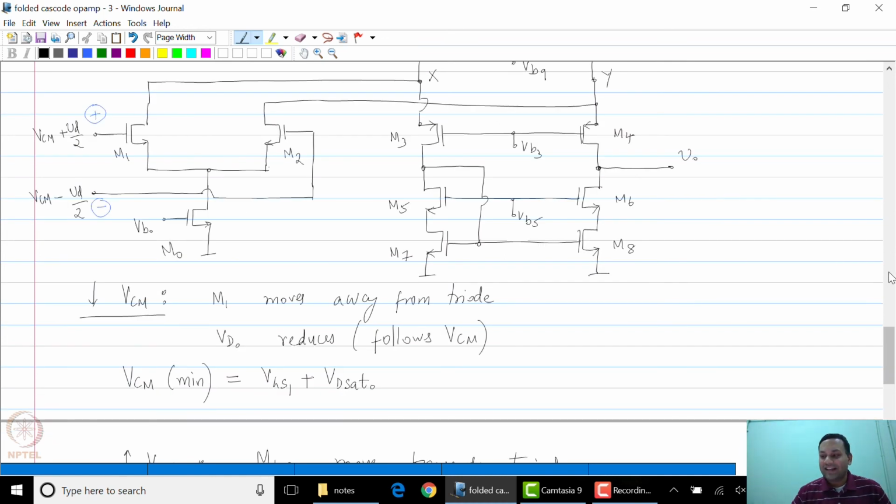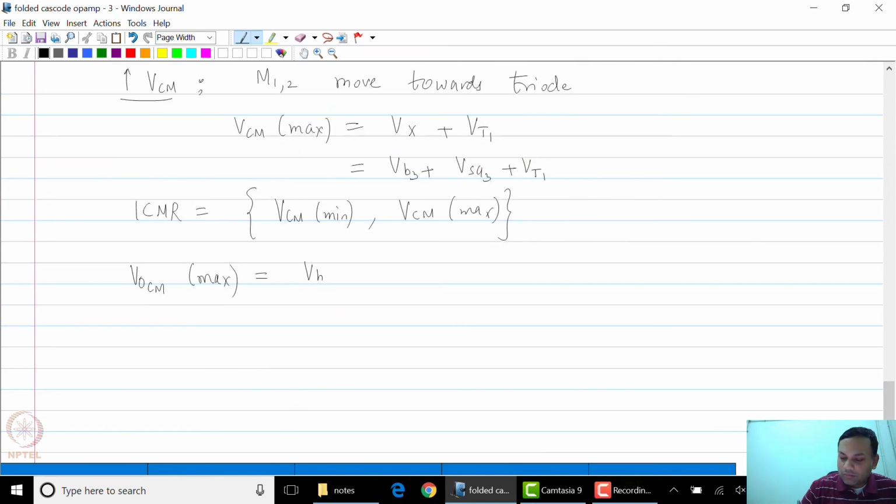The maximum voltage that can be achieved at the output, so VOCM max, if the output voltage starts increasing, you can see that the gate of M4 is held constant, which is VB3, and the drain voltage can rise one threshold voltage above the gate, for the PMOS transistor. So therefore VB3 plus VT4. This is the maximum voltage that the drain of the PMOS can achieve.